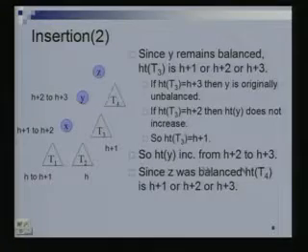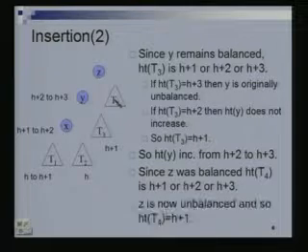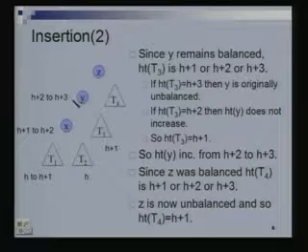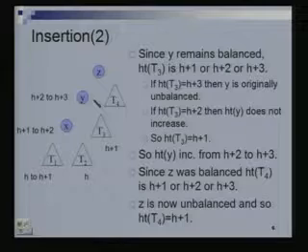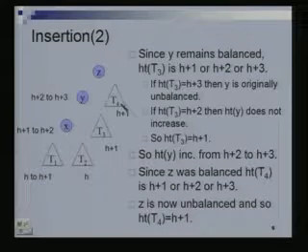So, since z was balanced, height of T4 is h plus 1 or h plus 2 or h plus 3. Since this was originally h plus 2, this could only have been h plus 1, h plus 2 or h plus 3, and since it is now unbalanced, it cannot be h plus 2 or h plus 3, it has to be h plus 1. So, this is h plus 1.